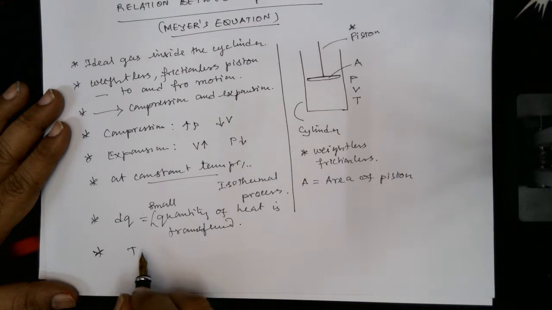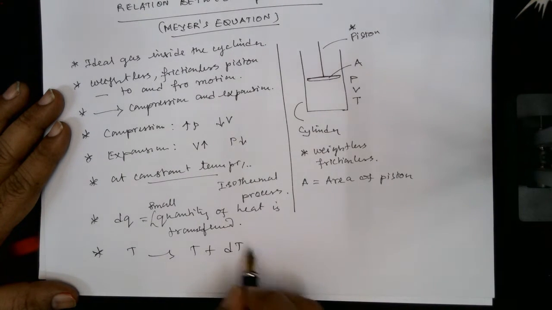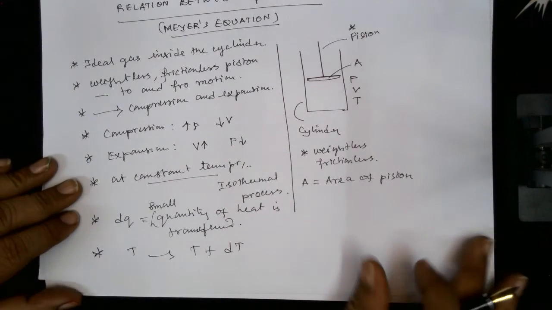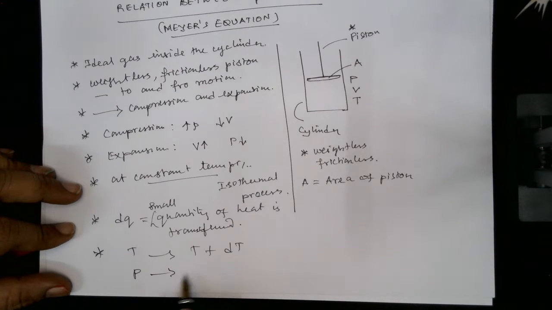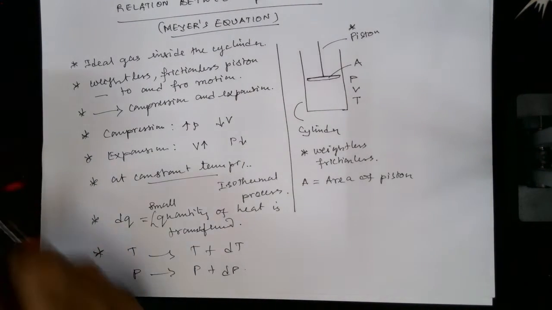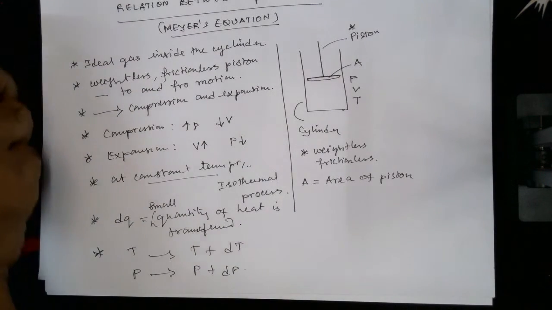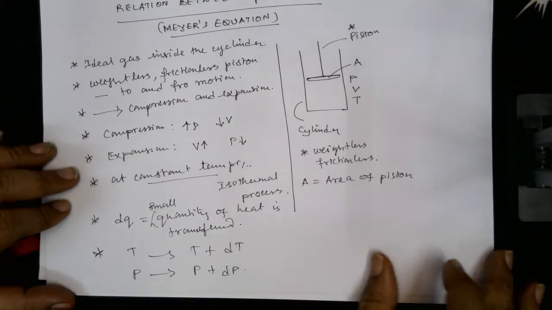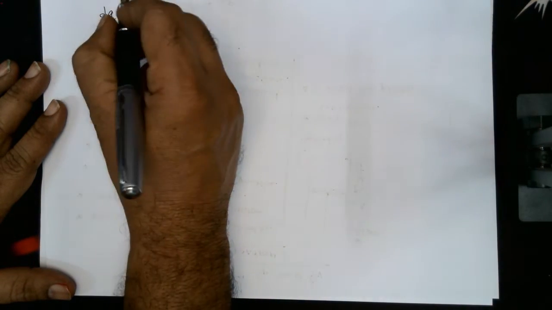So in that case, initially it was T, now T plus dT, because of the increase in pressure from P to P plus dP. And this dQ is given by the small change in heat transfer.